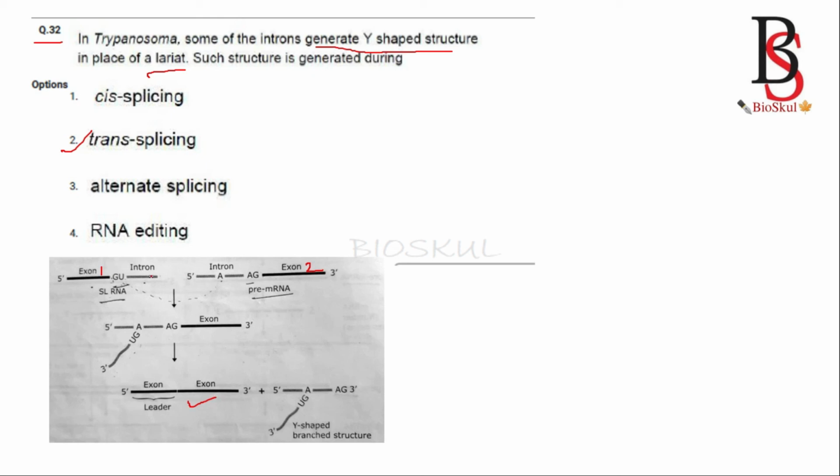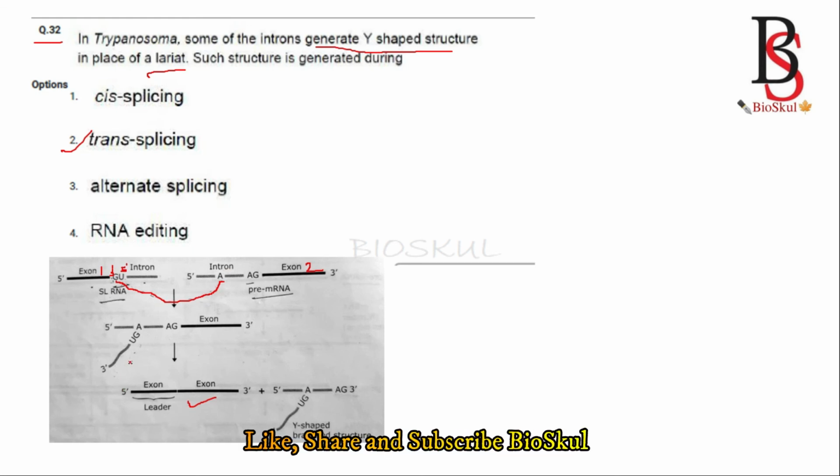Okay, so here what will happen? First, the intron, if this is the branch point A, this process takes place through two transesterification steps. In the first step, the branch point which has the A will attack the bond present between the 3' hydroxyl group of the exon and the 5' end of the intron. After splicing, this will be joined to the branch point and lead to the formation of a Y-shaped structure.